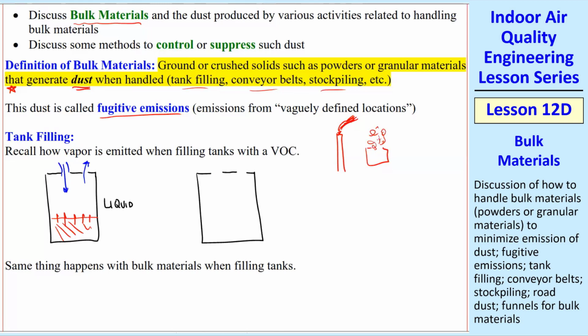Suppose you have some solids coming in, grain, coal. It builds up a pile of this granular material, this bulk material we call it. And as you keep adding more and more, you're generating dust. And that acts like a piston. And then again, it sends it out as fugitive emissions. So you can actually see it then. It'll be not just a vapor, but you'll see that coming out.